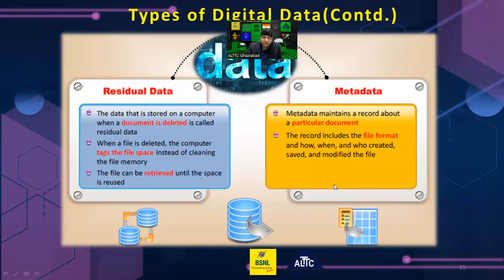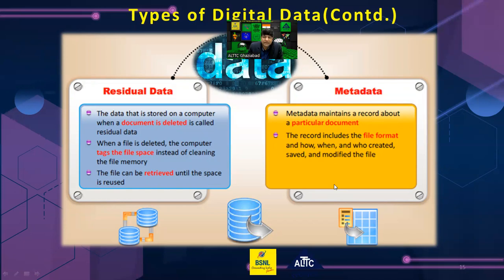Now, some data is residual data. Data that is stored on a computer when a document is deleted is called residual data. When a file is deleted, the computer tags the file space instead of cleaning the file memory. The file can be retrieved until the space is reused.